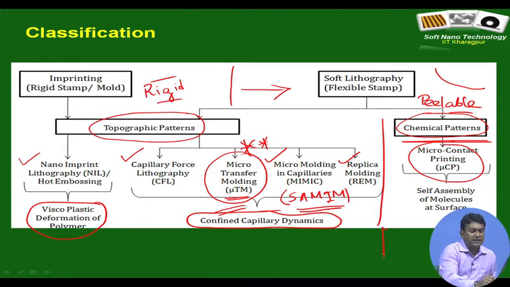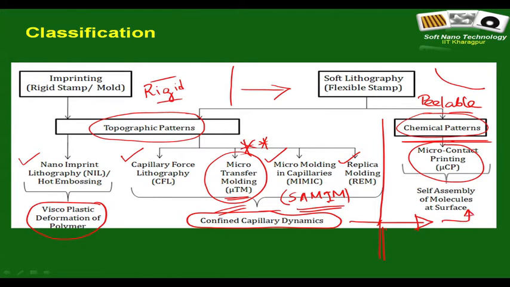This is particularly valid for the different topographic techniques. In fact, it turns out that this is also valid to a large extent for micro contact printing, that the pattern replication in almost all these methods except maybe micro transfer molding, which is a very special technique, is bracketed there because it also creates topographic structures.